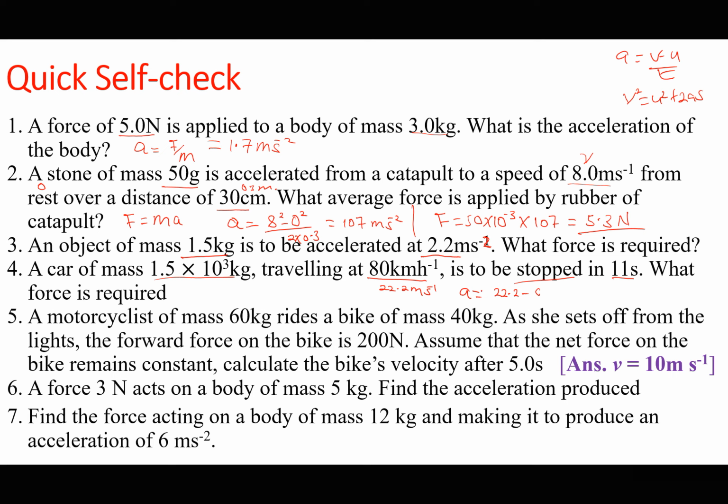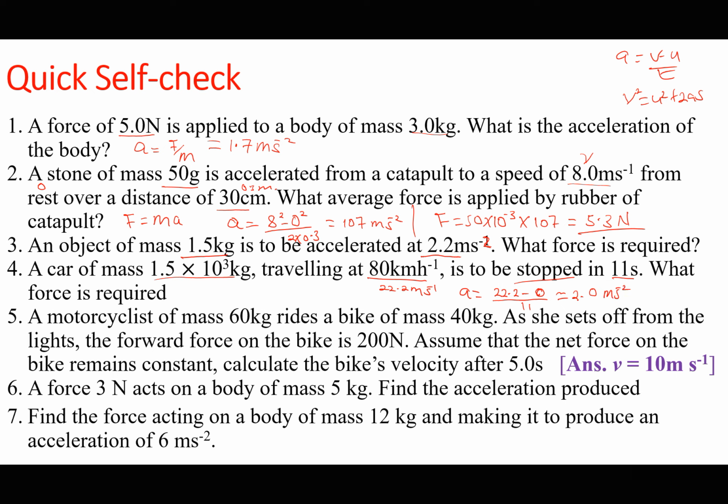But of course I just want a change in the velocity. So it is 22 minus 0, divided by 11. So this is approximately 2.0 meters per second squared. That is the acceleration.